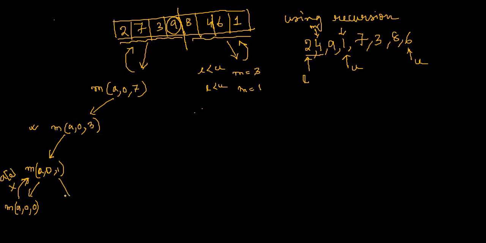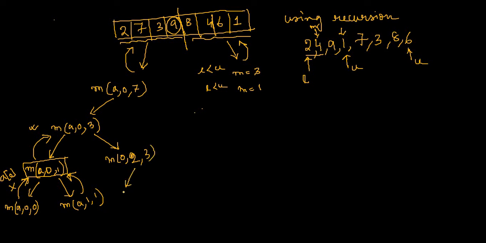Now after returning here, it is calling the second part, M A 1, 1. And again one value, returning the same thing. And then this function is comparing between 0 and 1. This is not 1, this should be 2, 2, 3, like this.